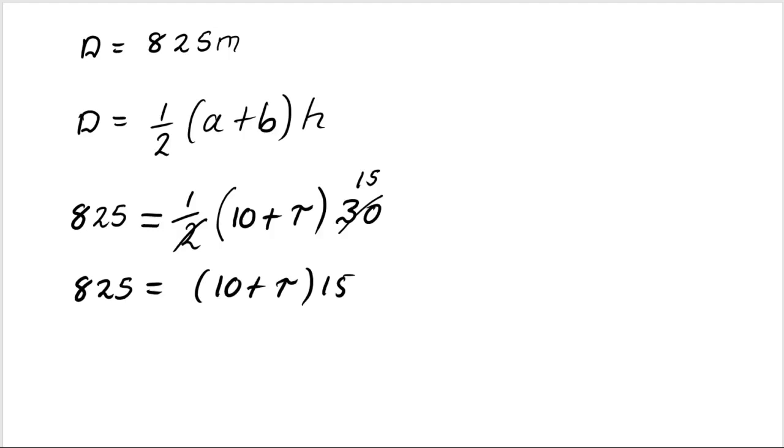If it is mathematics, it is paper 1. So what is 825 divided by 15? It can divide. So what I mean is you have to say over 15, even this side over 15. This cancels out. So this side I've just remained with 10 plus t.